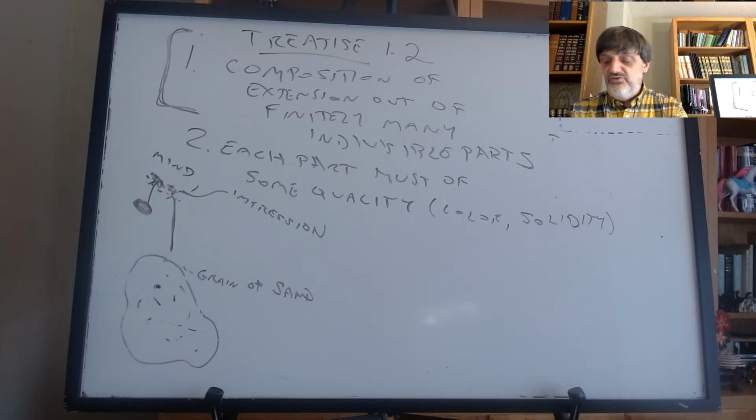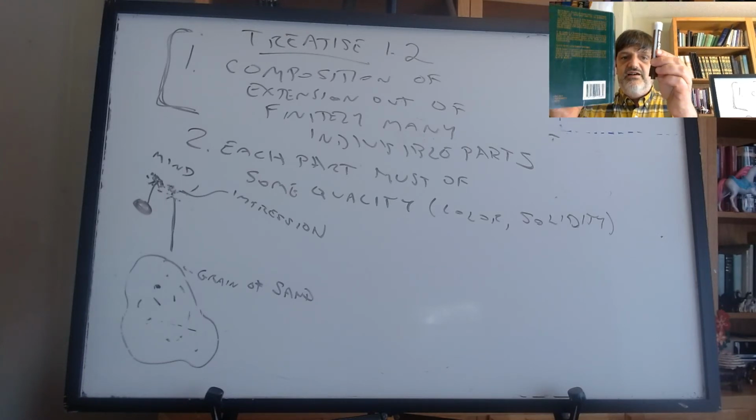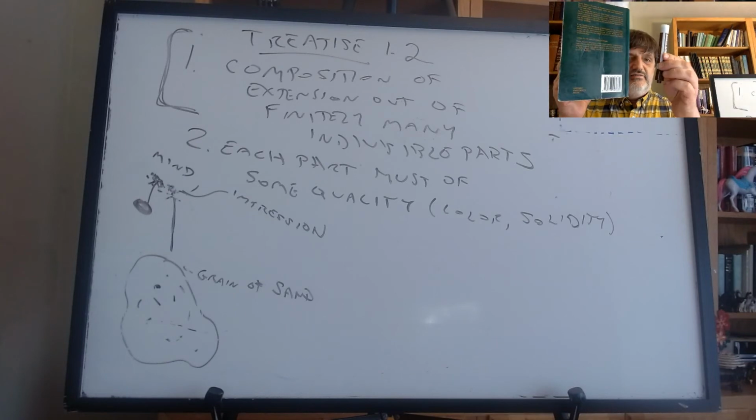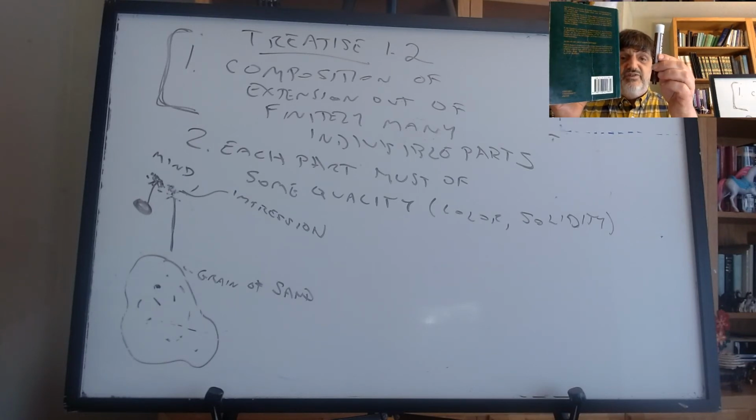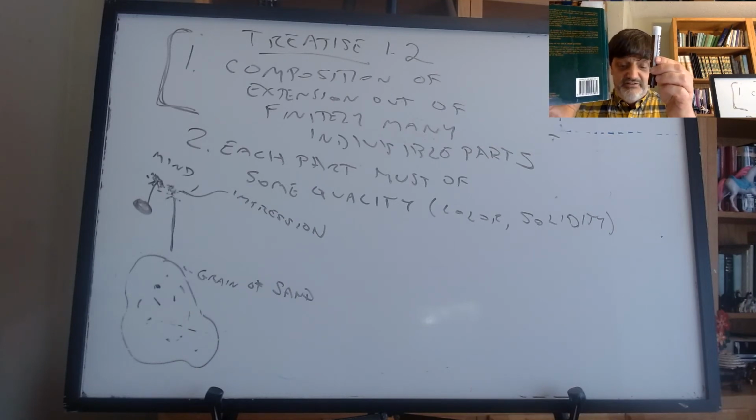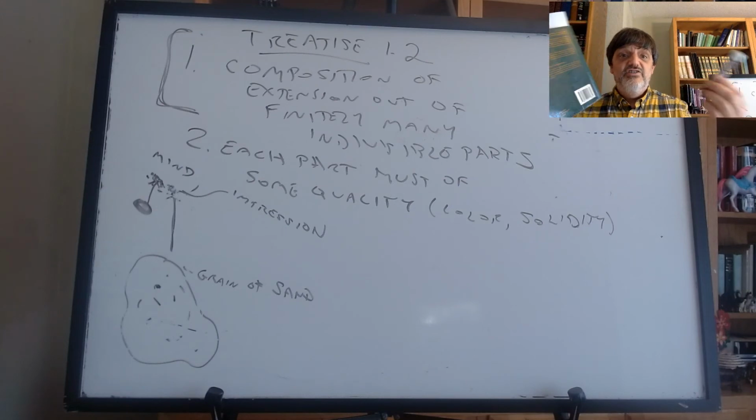So if I show you a small thing and a bigger thing, you just look at them and there's a difference between them, which you express by saying that this one is bigger. You don't do it by counting the parts, you just see it.